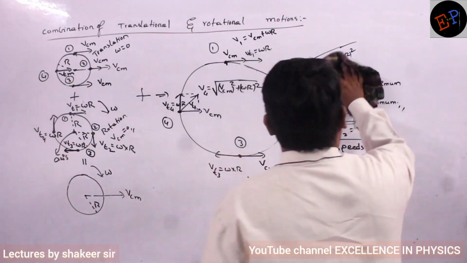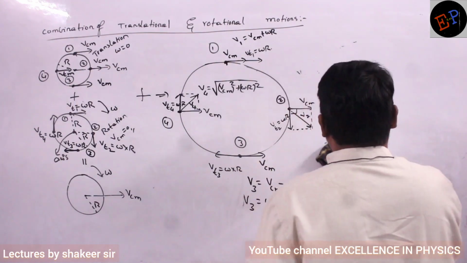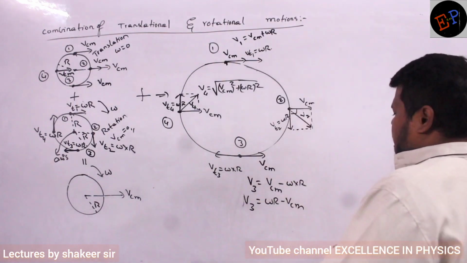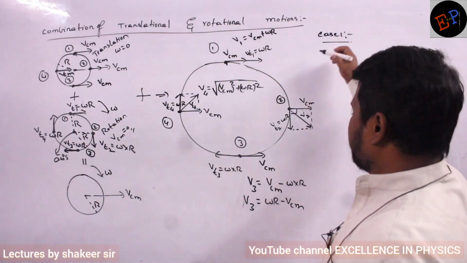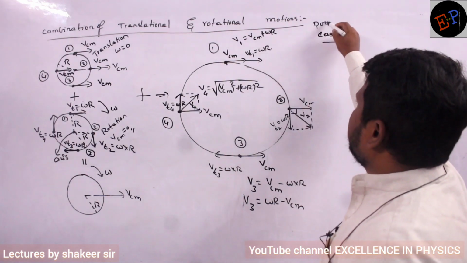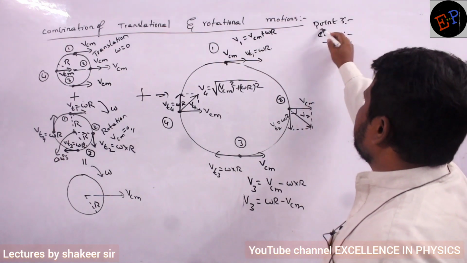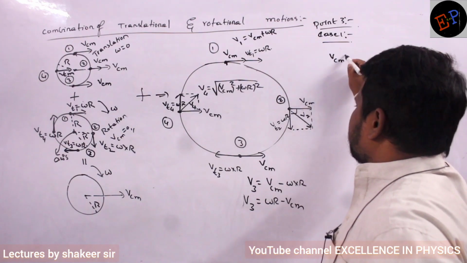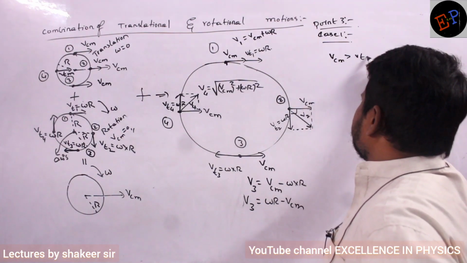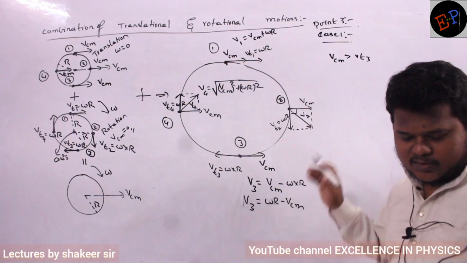So the 3 cases which I can write is, case number 1. I am writing for point number 3. First case is that velocity of center of mass can be greater than tangential speed. It is possible, no?